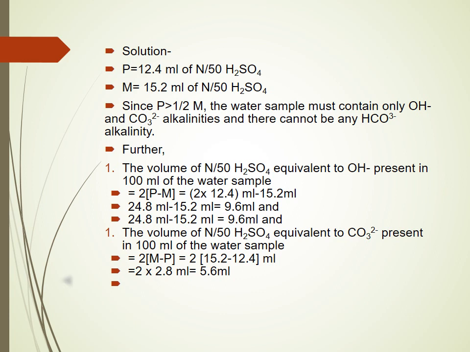Now, look at the table that we discussed in the previous slide. You observe one thing: the relationship between the phenolphthalein and the methyl orange endpoint is P greater than 1/2 of the methyl orange endpoint, M. It means initially, always, by observing the endpoints of the phenolphthalein and the methyl orange, first of all we have to relate the relationship between these two readings by observing the column.